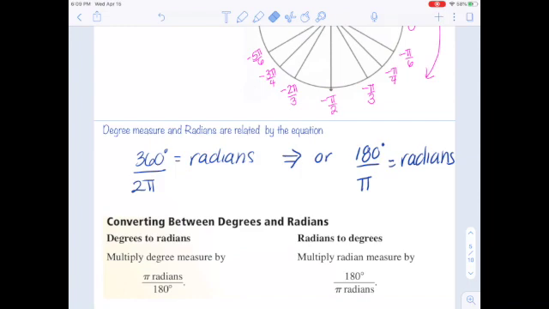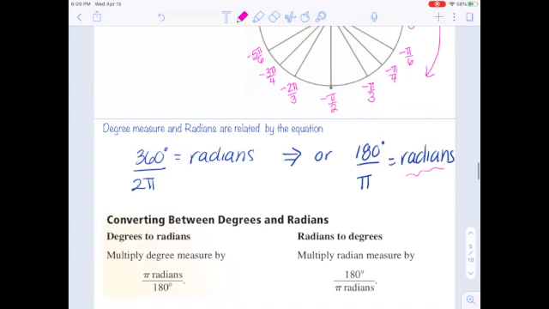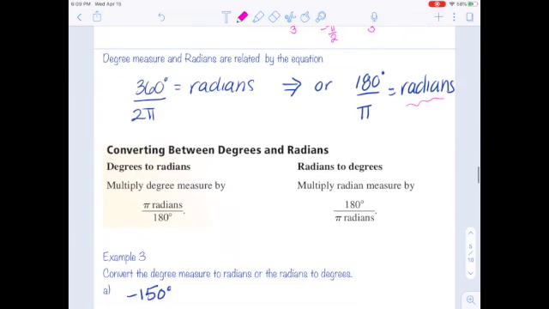Okay, so we know that 2 pi radians are equivalent to 360 degrees. And you can simplify that fraction, so we know that a radian is just equal to 180 degrees divided by pi. Here's a little helpful hint on conversions between degrees and radians.